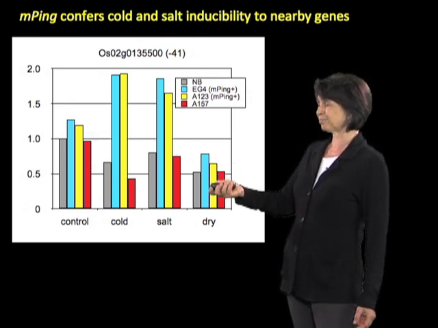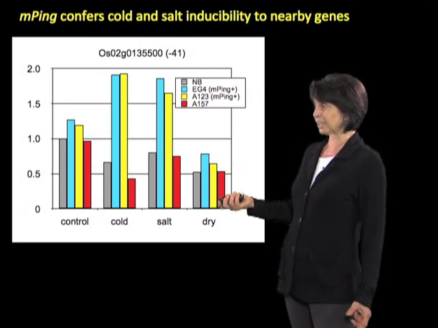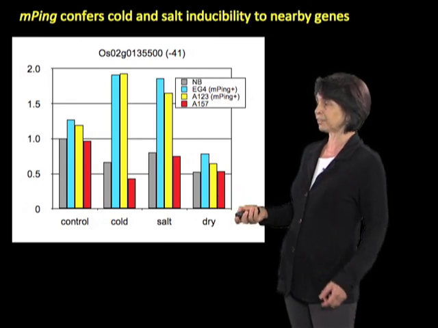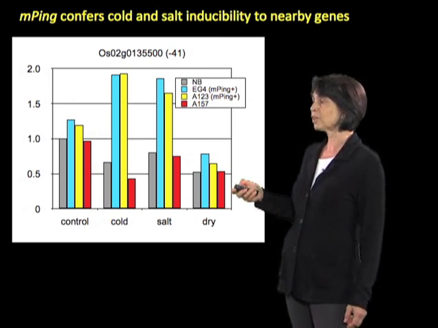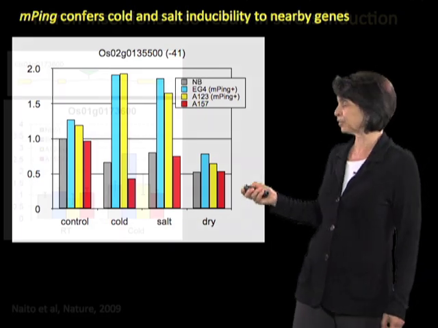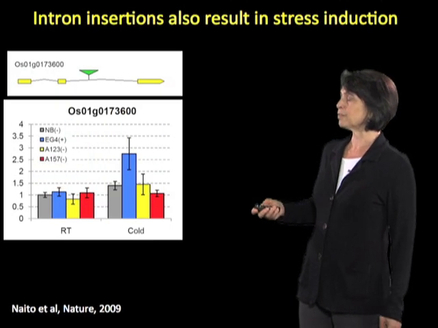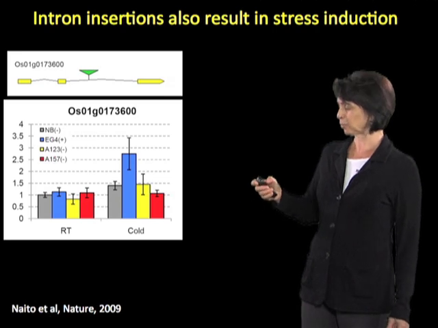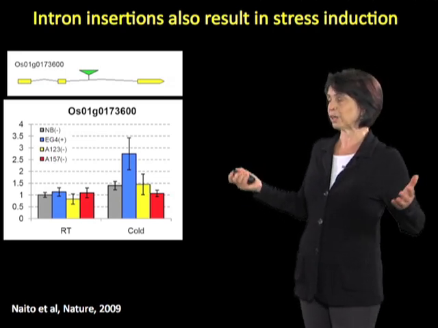What's nice here is we're not seeing any effect of desiccation. We see a consistent effect of cold and salt. We don't know the mechanism for this. It is under investigation.